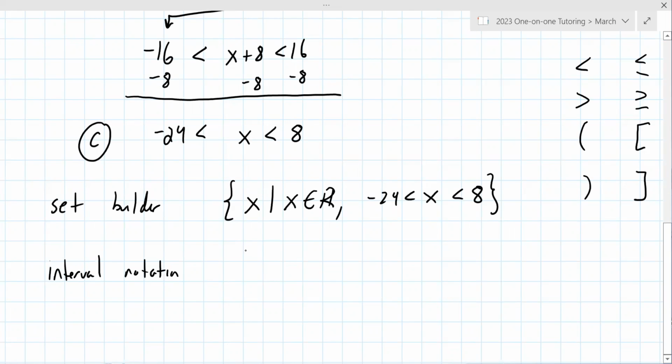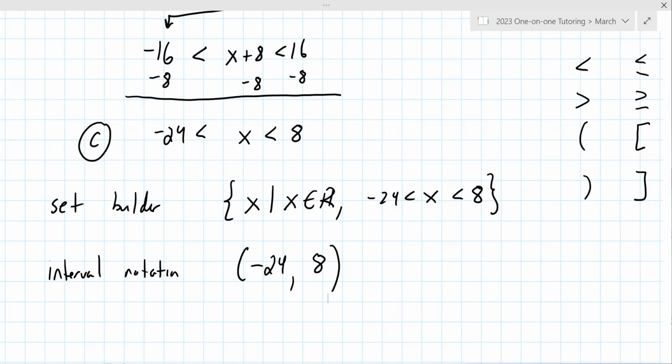So this one is (-24, 8), with a parenthesis because it's a less than. I got that. All right, so that is part C.